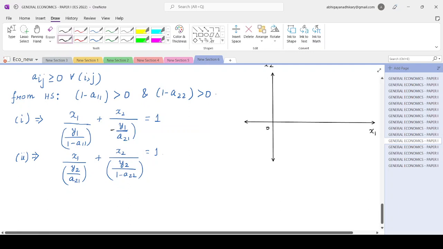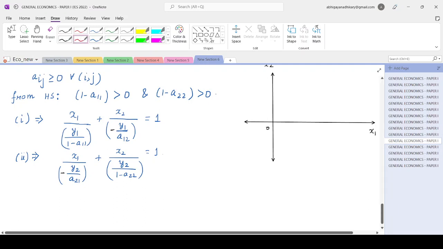There will be a minus in front, and here also there will be a minus. And this is A1. Right, kindly rectify the mistake, then we can move forward.